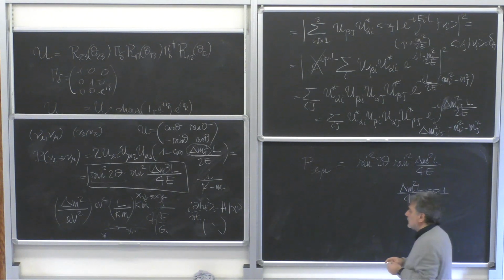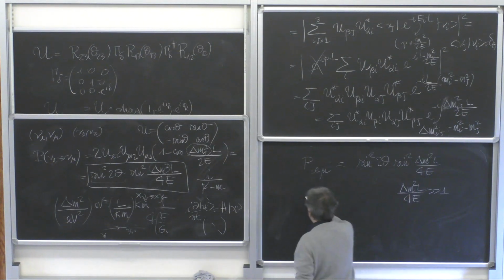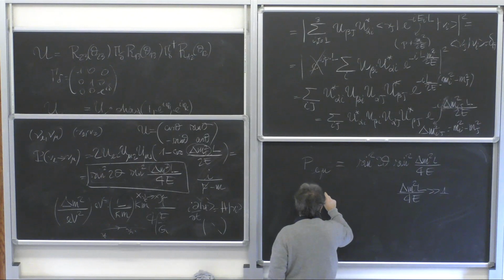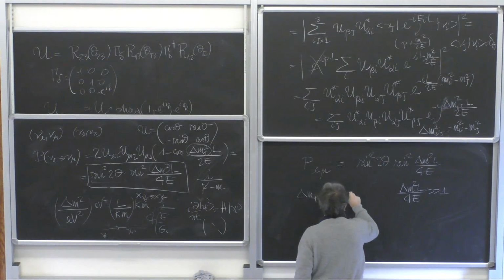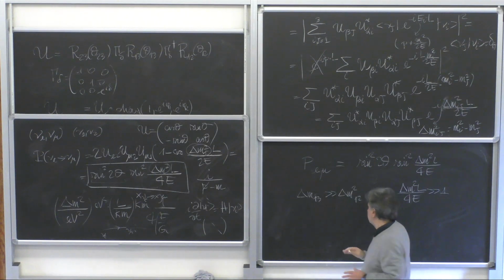For instance, we know that the delta m squared 1, 3 is much larger than the delta m squared 1, 2, or can be much larger, let's say this way.